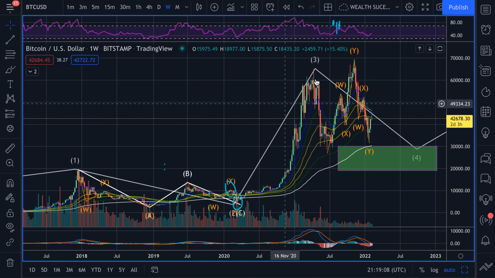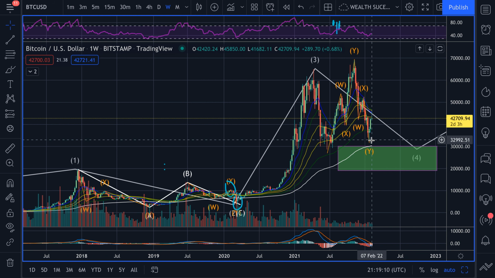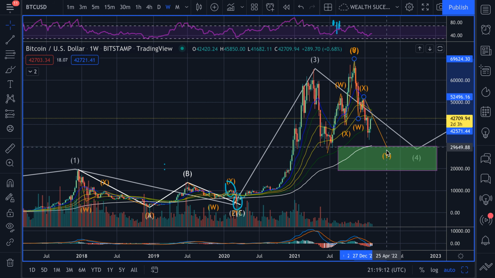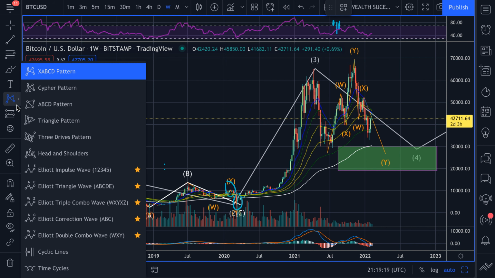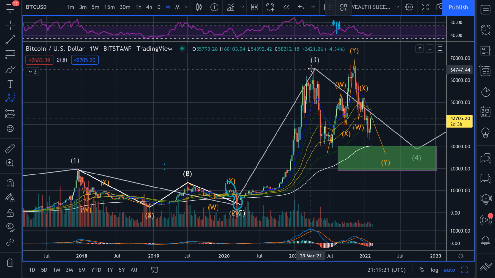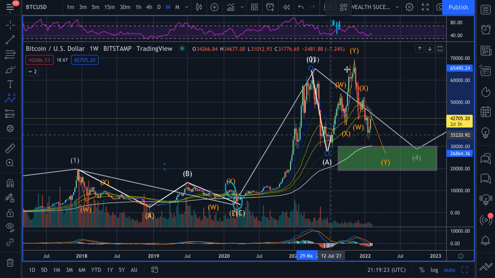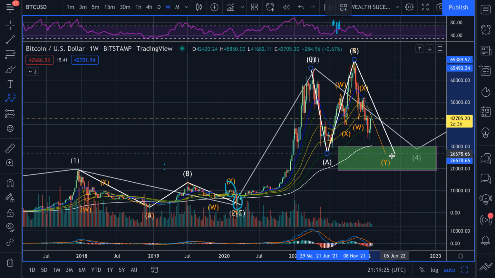Alright, so this is pretty much the count that I had. It was something like this, but then, and I did have something drawn here, an ABC correction, because this is one of the possible shapes. Now, I don't know exactly where it's going to land.